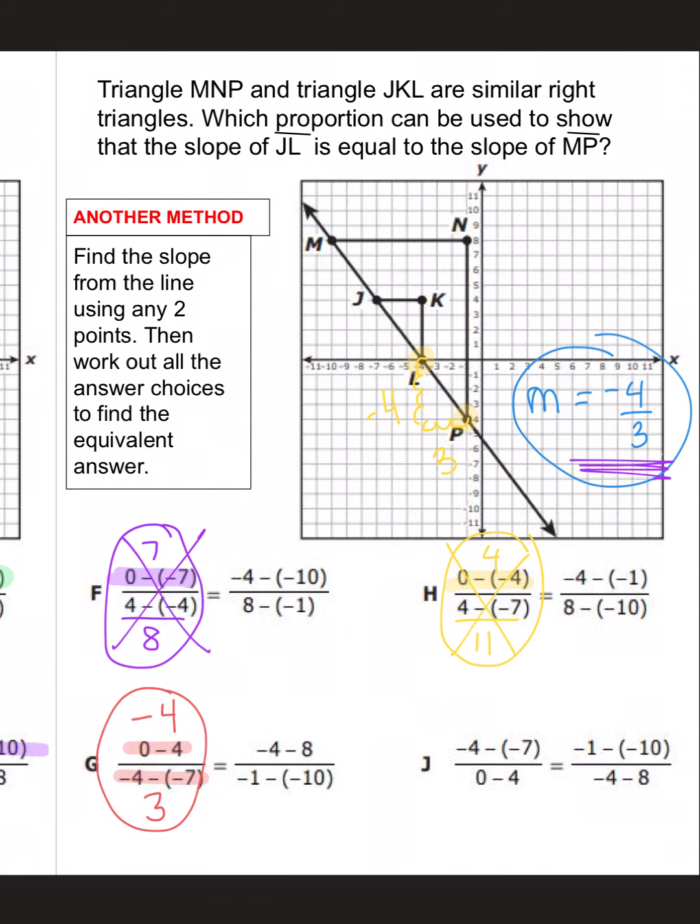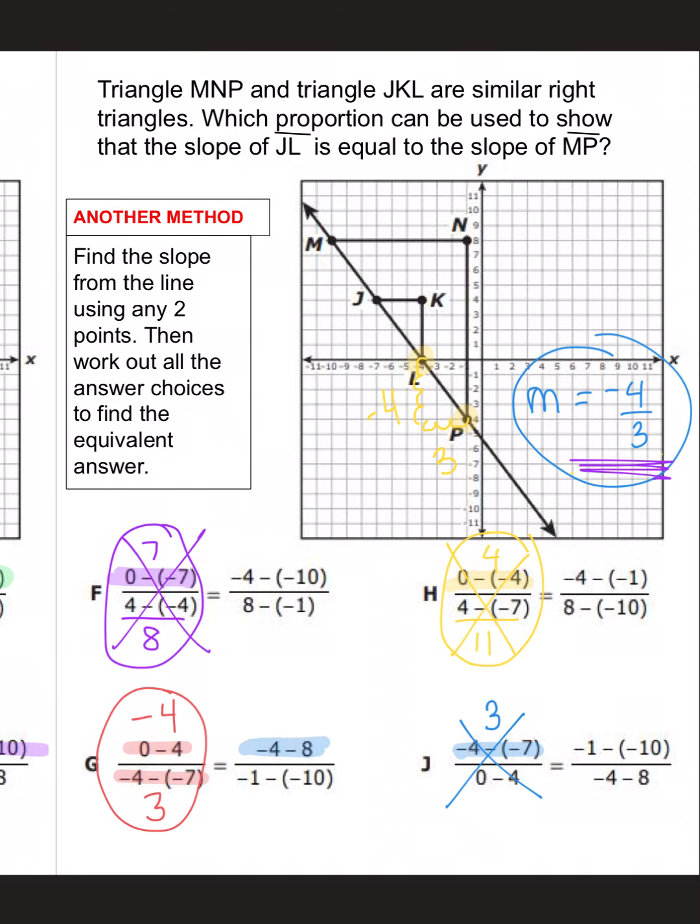When I go to the last answer choice and I calculate up here, I see that -4 minus -7 actually comes out to be 3. And already right there, I'm like, no, that needs to be a 4, whether it's a -4 or a +4, so that's just out. So if I go all the way with my remaining answer choice, let me check this.